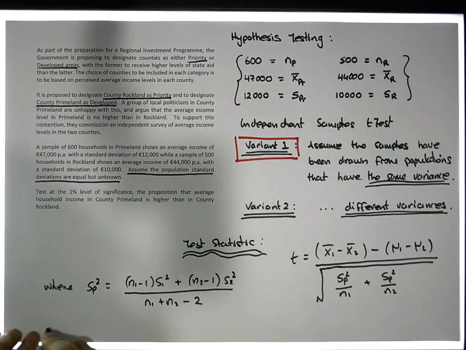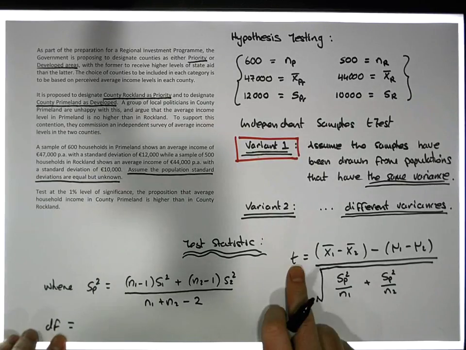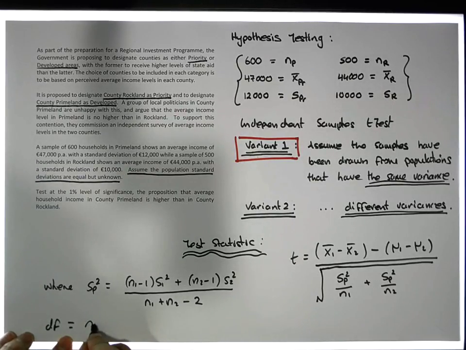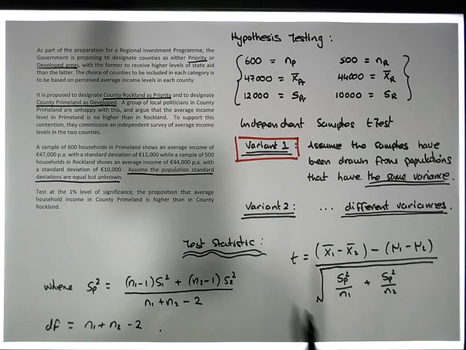So maybe I'll write that down as well, where the degrees of freedom for the test, since it's a t-test, the t-distribution is parameterized by the degrees of freedom. The degrees of freedom is n1 plus n2 minus 2, okay? So this is our test statistic, and don't forget, the test statistic is a measure of how far the evidence is away from our hypothesized position of our distribution.